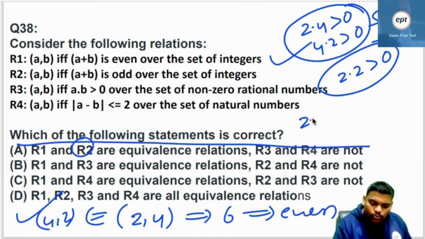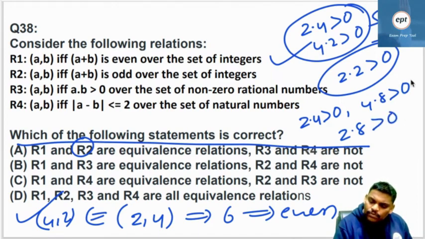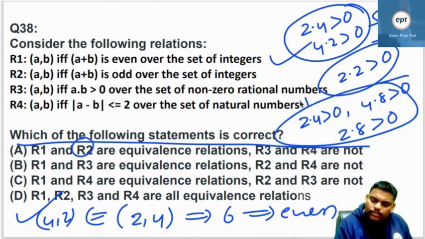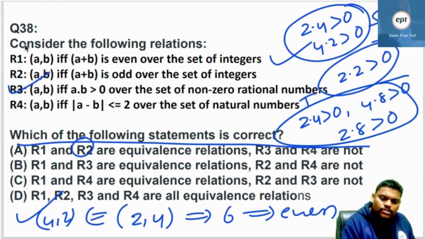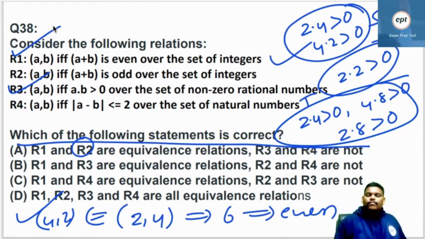Next one. 2 into 4 greater than 0, 4 into 8 greater than 0, then 2 into 8 also greater than 0. Transitive also satisfied. So I think 3 is also correct.